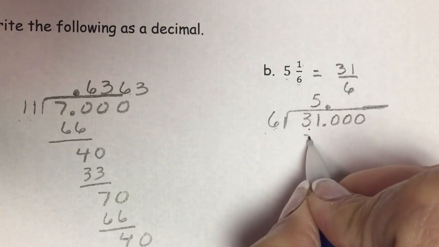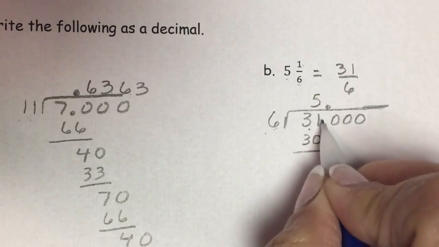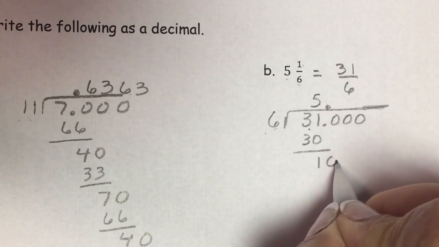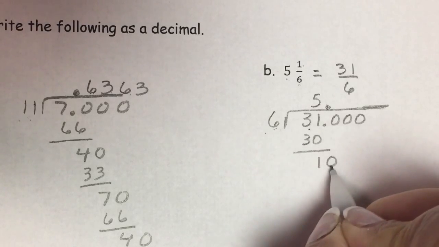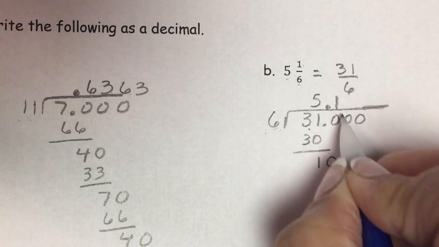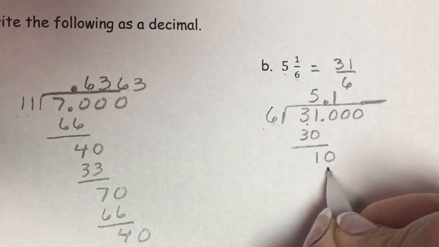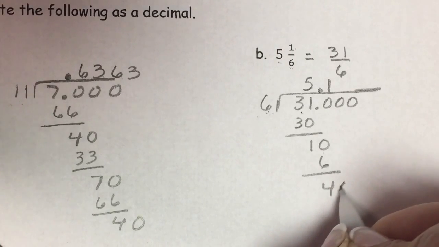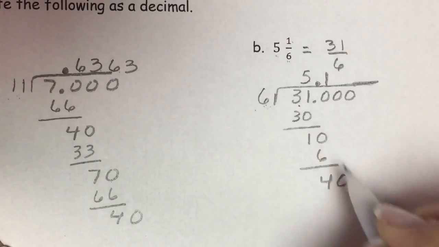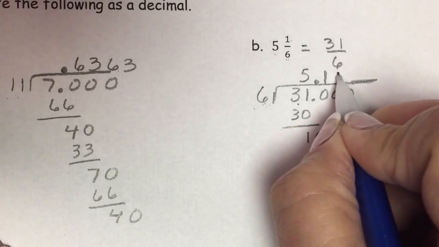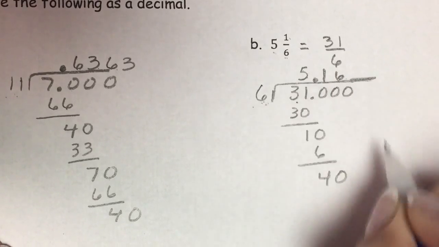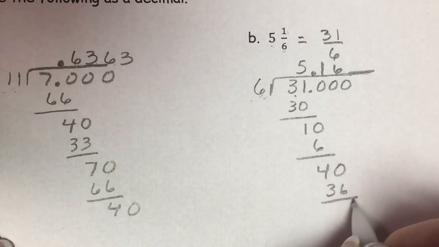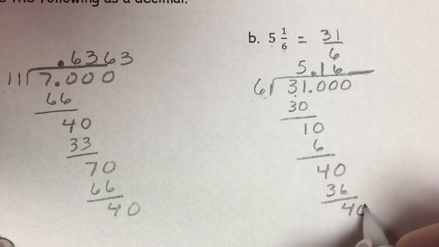5 times 6 is 30. Subtract, I get 1. Bring down the 0. 6 divides into 10 once. 1 times 6 is 6. Subtract, you get 4. Bring down a 0. 6 goes into 40 6 times. 6 times 6 is 36. Subtract, you get 4. Bring down the 0.